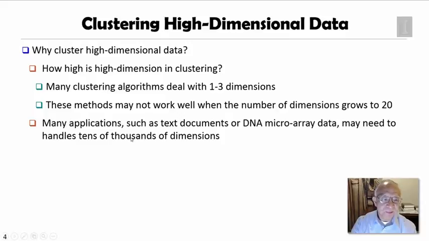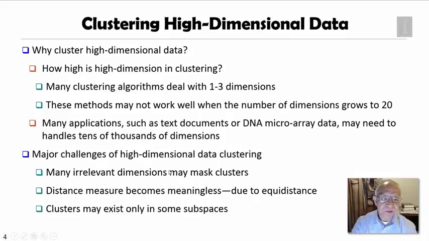Not to say in many applications, such as text documents or DNA microarray data, if we take every keyword as 1 dimension in text documents, or we take every gene in the microarray data sets, then we may need to handle tens of thousands of dimensions.